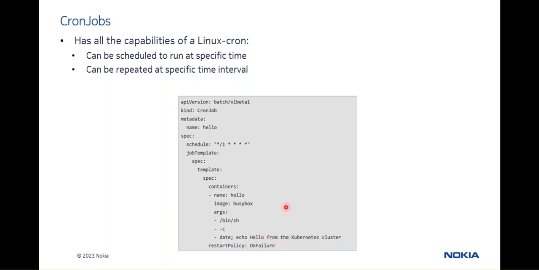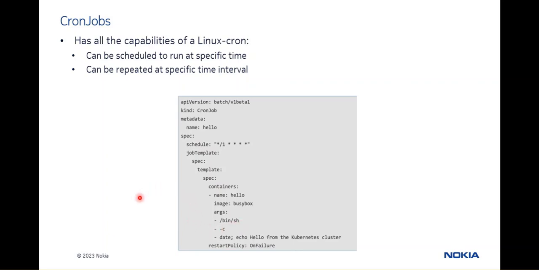Once this task is completed and this command is executed, this hello message is printed and the job terminates. But the next minute, because of this schedule section, a new pod is created again.